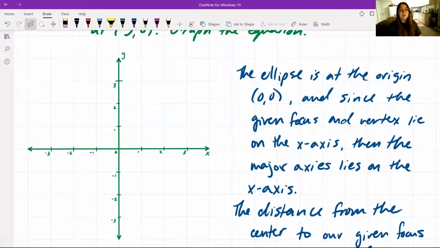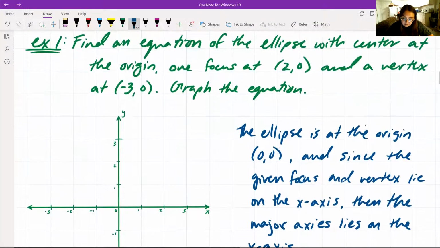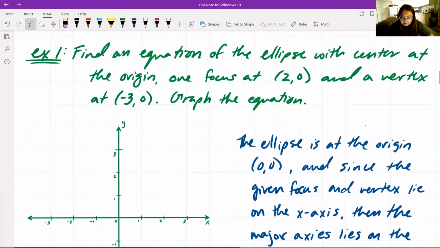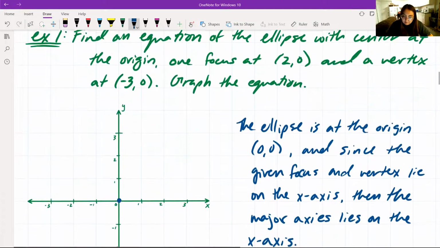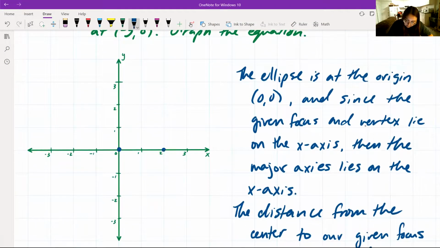So now we want to actually graph this equation. So let's graph the things that we already know. We know that one focus is going to be at 2, 0. We know the center is at 0, 0. So here's our center. Our first focus is at 2, 0, so we'll name this F1.